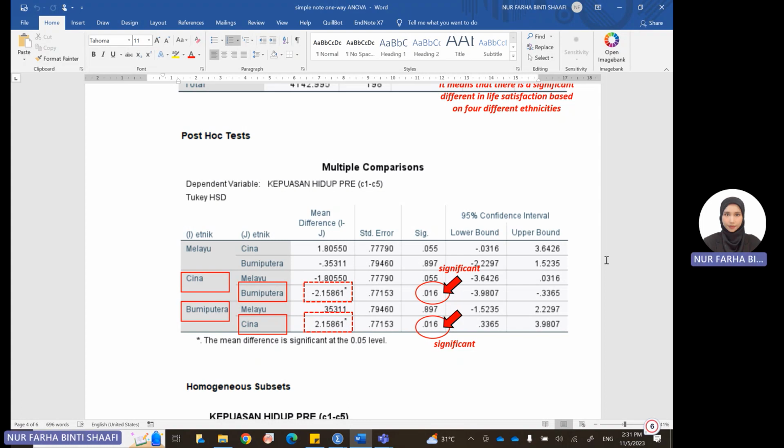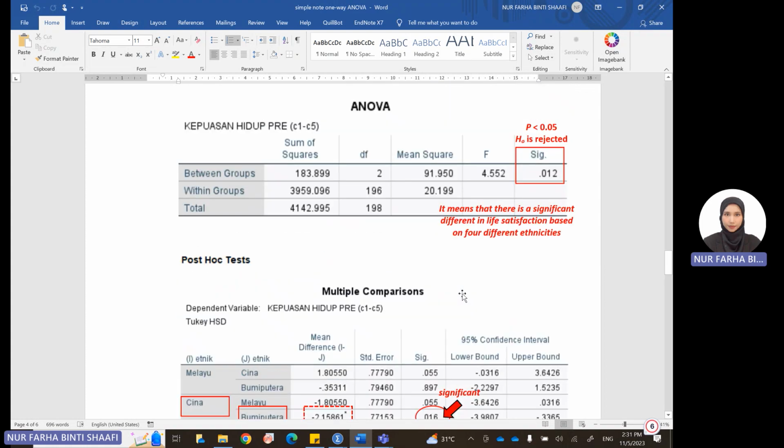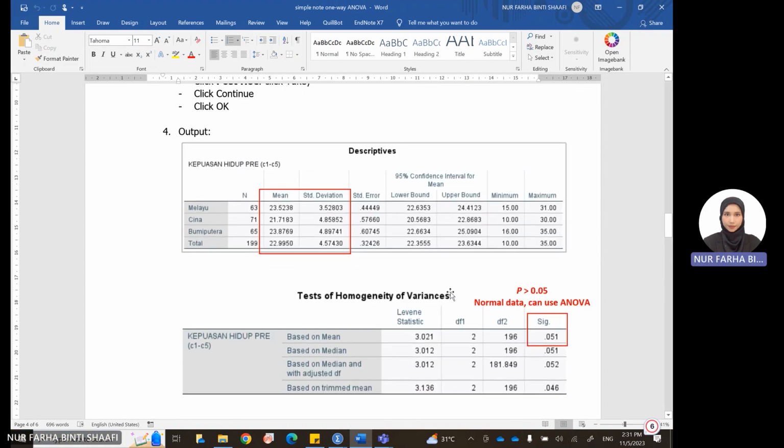If you still don't understand, you look at your mean value up there. All right. I said that Bumiputra is higher than Chinese. Higher in terms of what? In terms of kepuasan hidup. All right. So you can see your Bumiputra data here. The mean value is higher than Chinese. Understand?